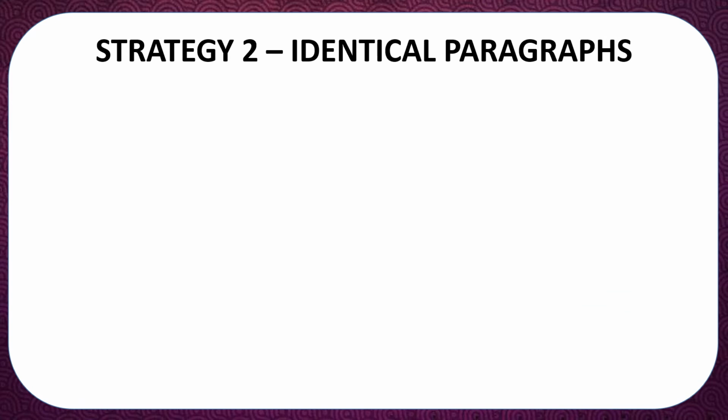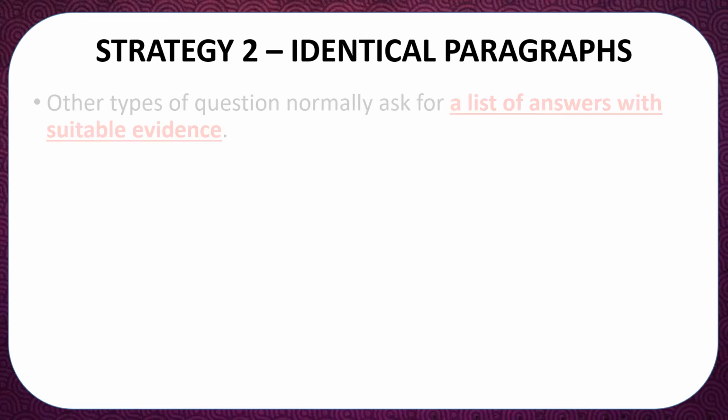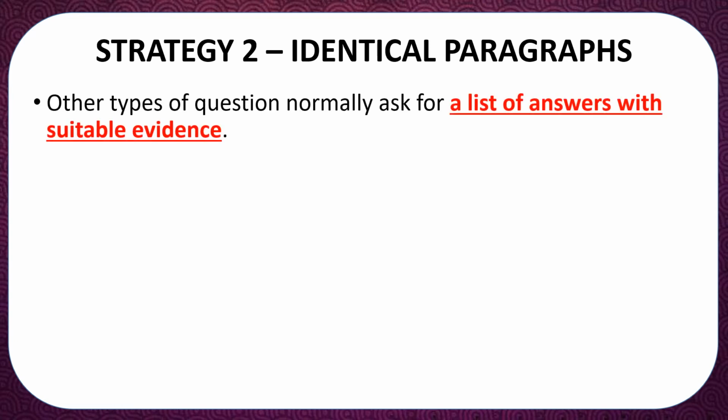Earlier, we have seen strategy 1 for separate paragraphs where the question asks about one event. When the question asks everything else other than one event, they normally ask for a list of answers with suitable evidence. How? We will see.